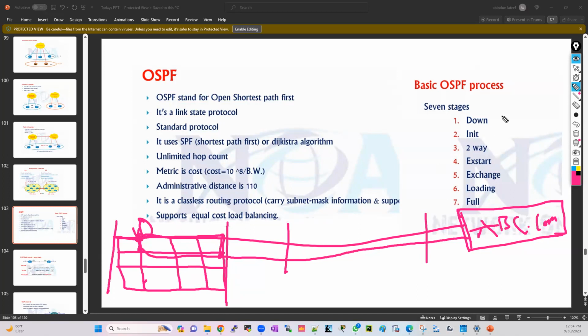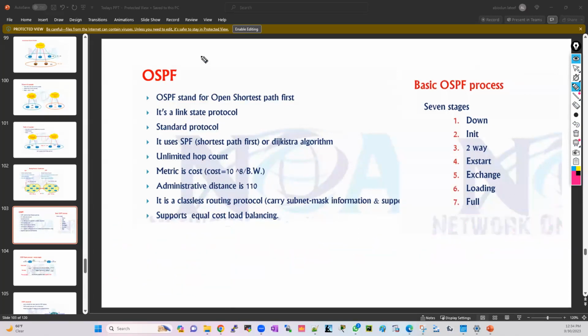So let's move on to the topic of the day. Now on OSPF, it's majorly used within the organization. Let's assume that we have 3 routers here. Most of these organizations are very big. It's not like a small business or home office.